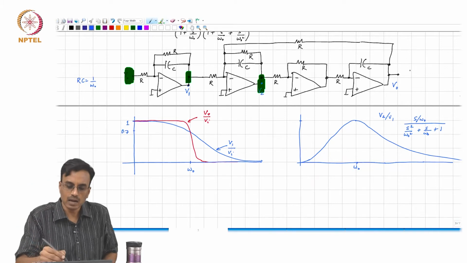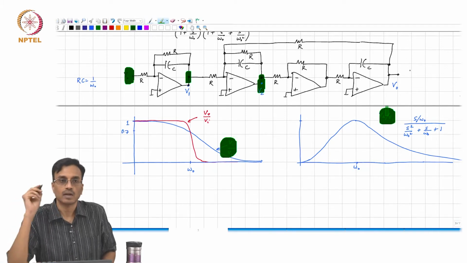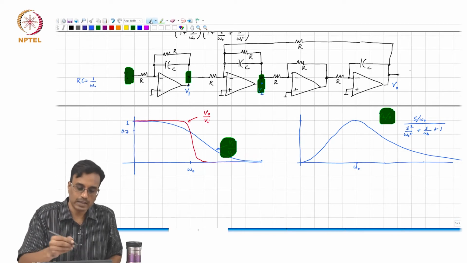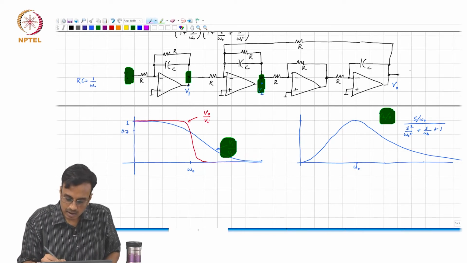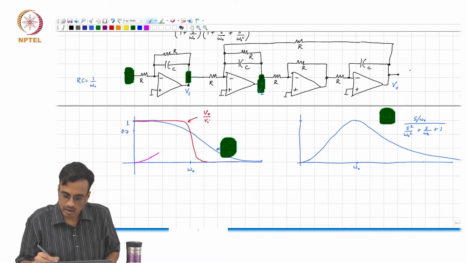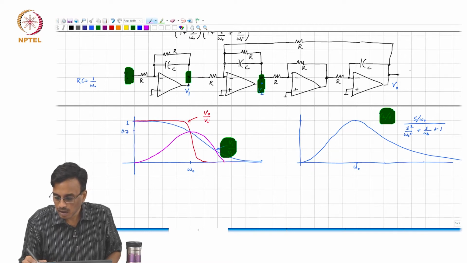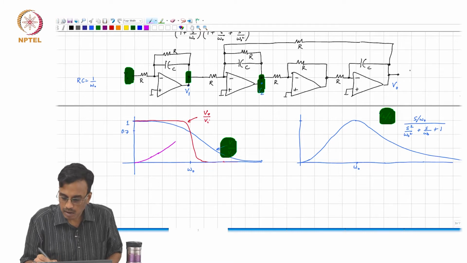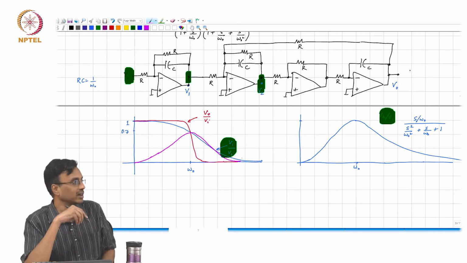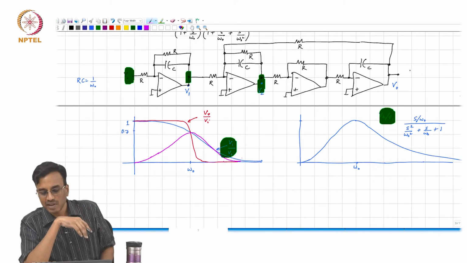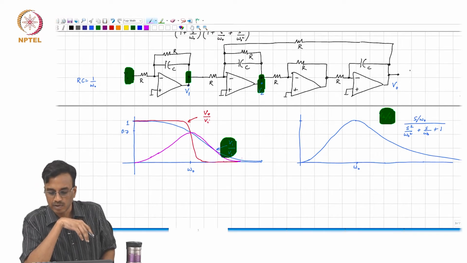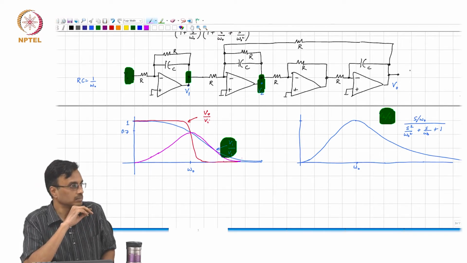We simply multiply this curve with this curve, and therefore, you will expect to see something like this, where the peak will now only be... actually the peak will not occur at omega naught, it will shift slightly to the left, but that shift will be so small that at this point it does not matter.